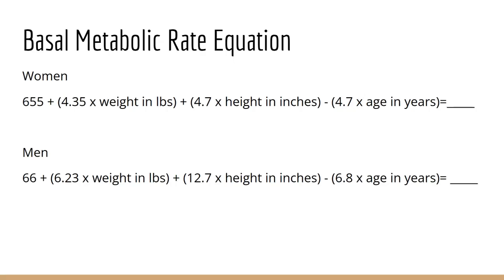To start off, there are two different equations, one for women and one for men. So you can see that there's a different breakdown of numbers versus height and weight and different things like that. So women, you will do the top equation. Men, you would do the bottom equation.